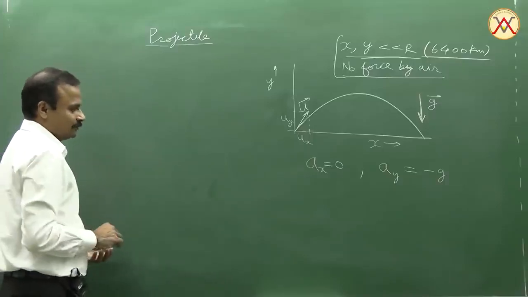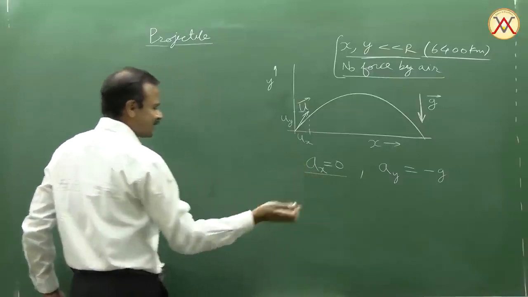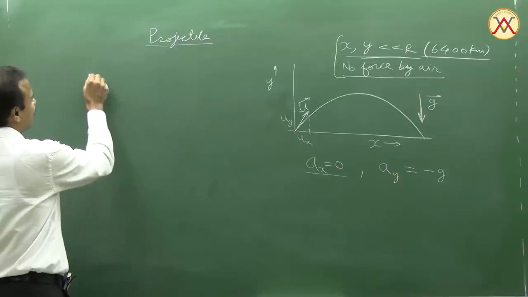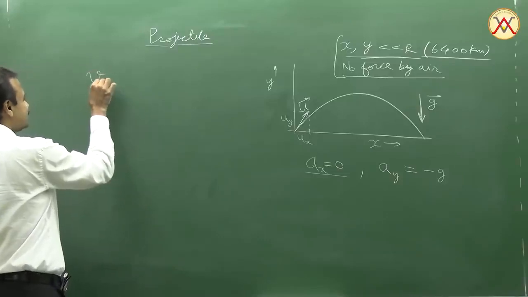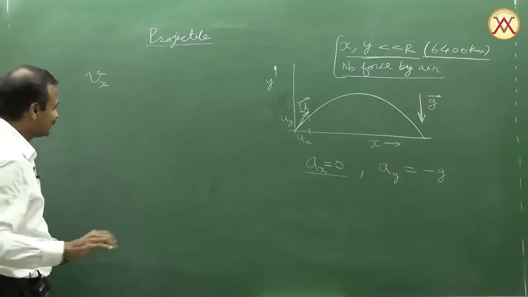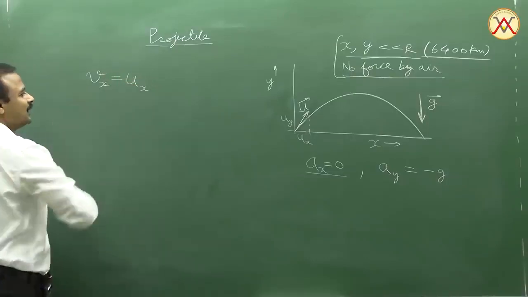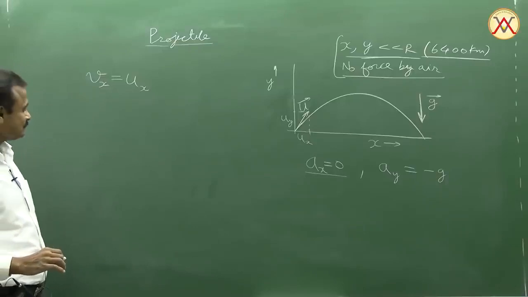In x direction, there is no acceleration, so it's very easy. I can simply write that the x component of velocity will remain constant, simply ux.